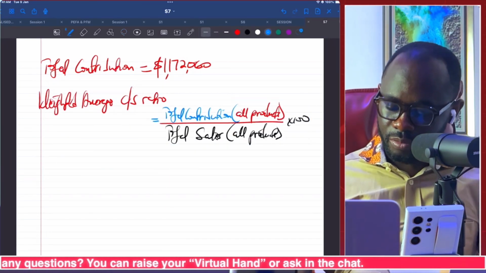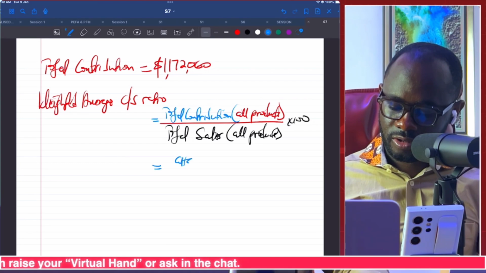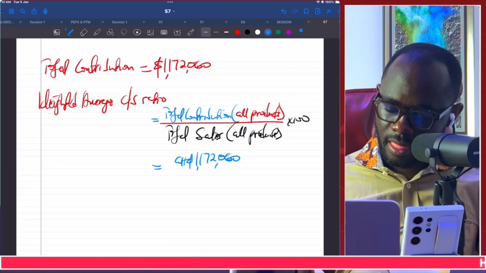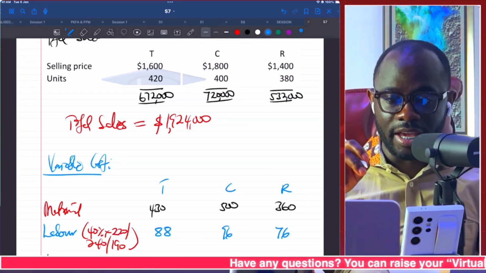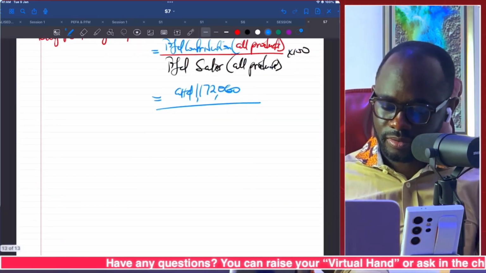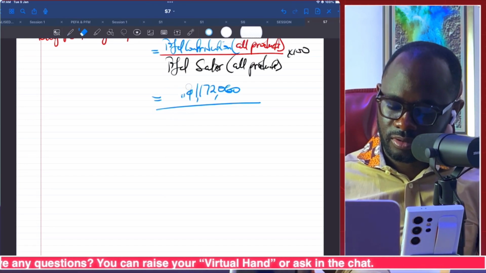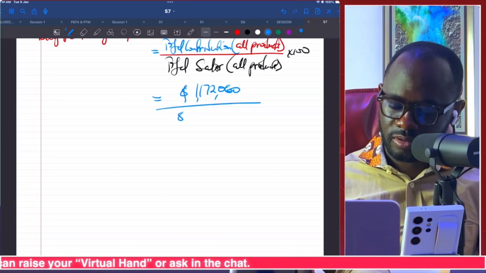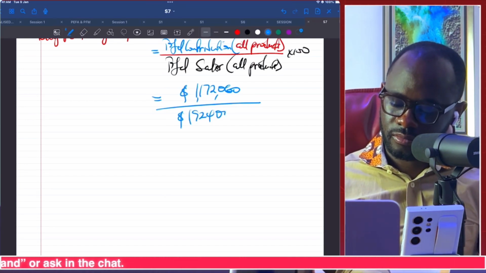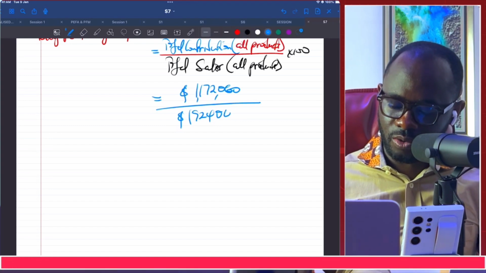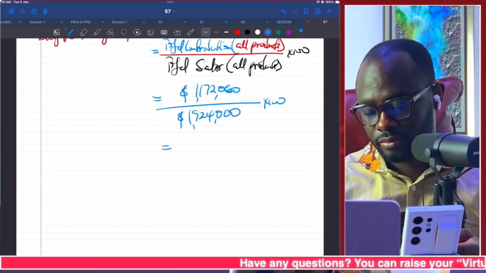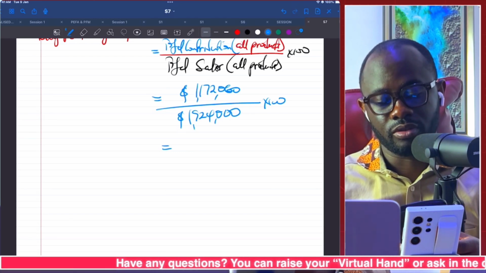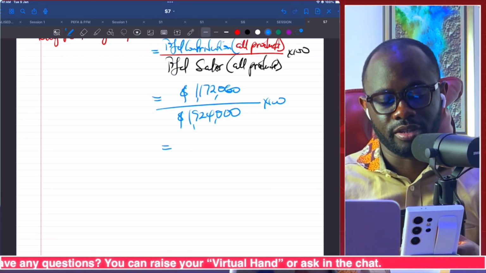So total contribution, 1,172,060, divided by total sales, 1,924,000, times 100.